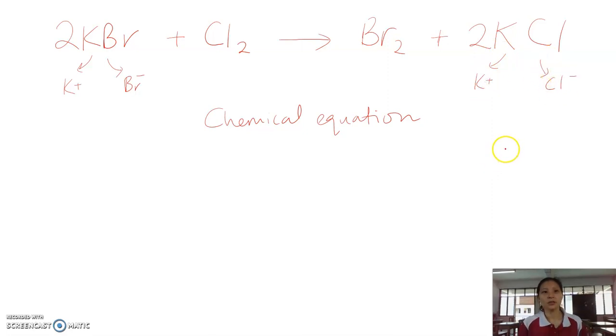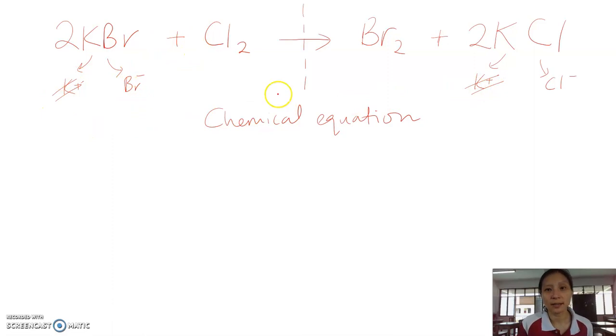When I look at what's on the left side of the arrow and the right side of the arrow, I can see that this K+ exists on both sides of the arrow. So I want to ignore the K+.